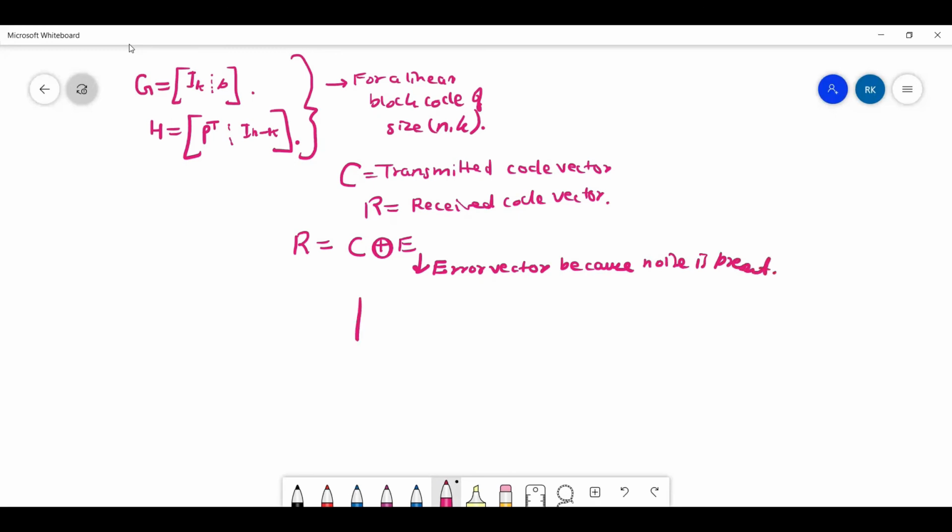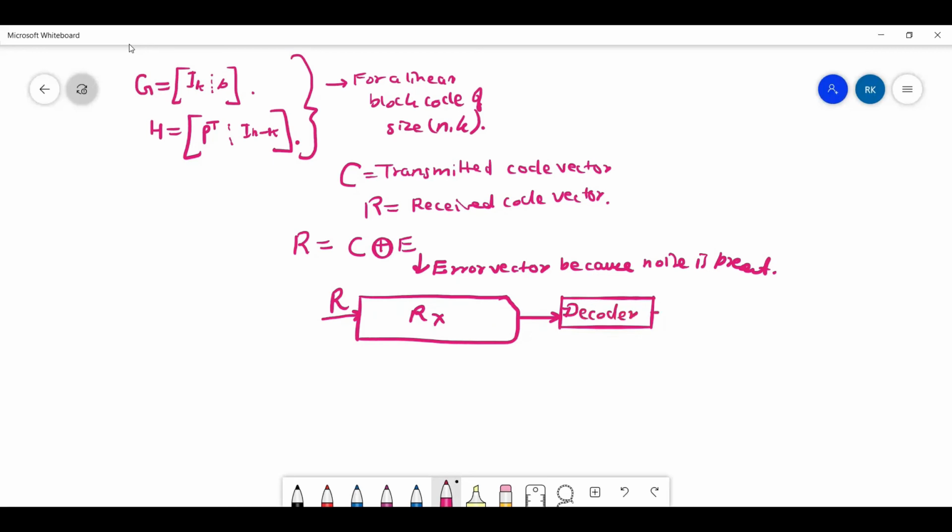Now the receiver wants to decode C from R. So this is our receiver. It has received R and there is a decoder at the second stage.